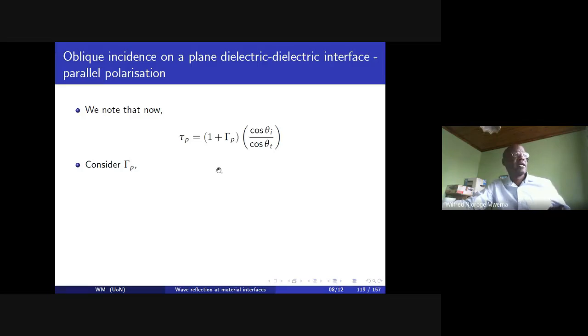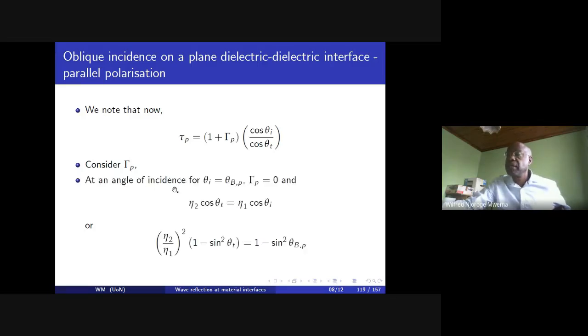Now, if we look at the expression for gamma p, we'll see that gamma p can go to 0 when eta 2 cos theta t is equal to eta 1 cos theta i. Or in other words, that equation is correct when we apply Snell's law.